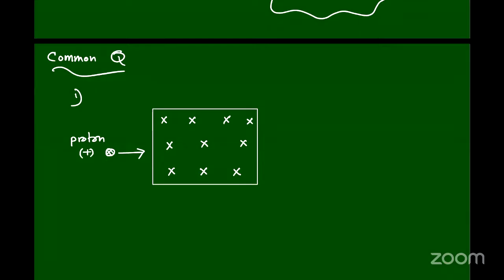I'll give you three answers. For the first answer, there's no deviation of the proton, right? No deviation. So this is answer A. And the second answer, the proton moves in a direction like this.